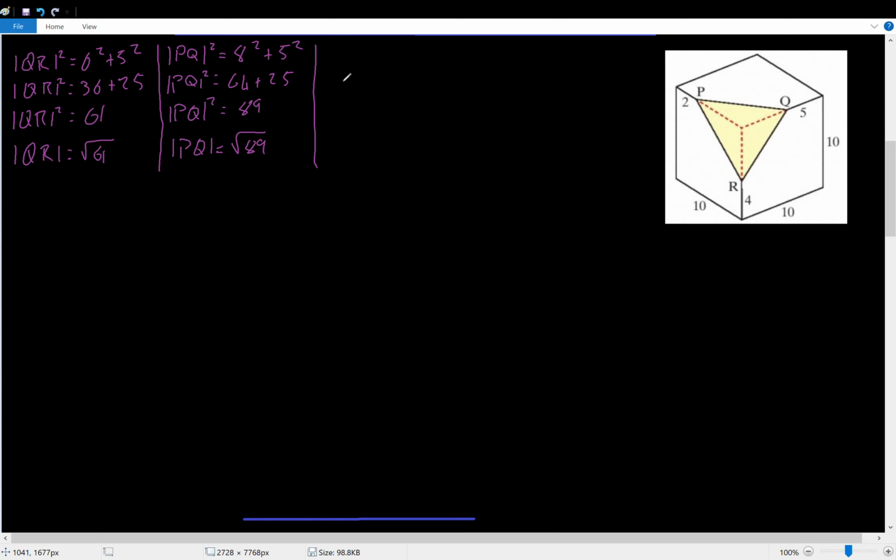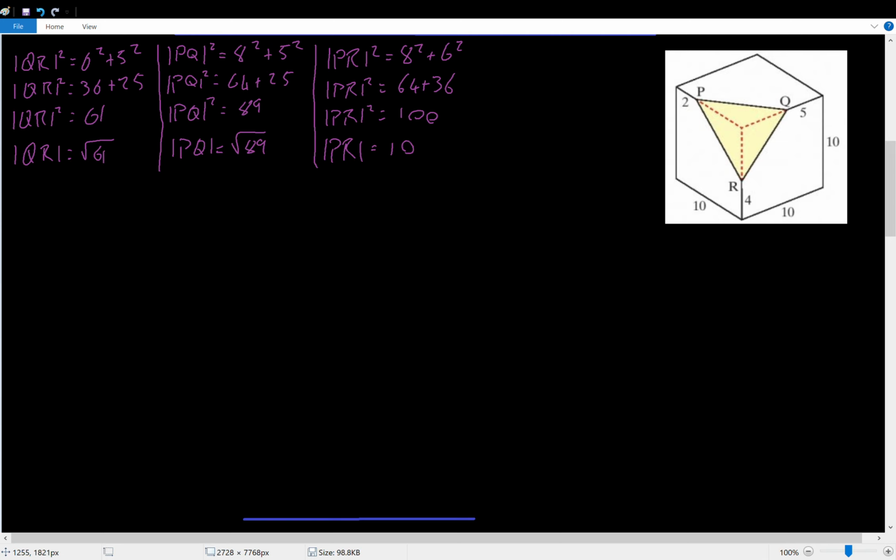And then for the very final one, for the length of PR, PR squared is equal to 8 squared plus 6 squared. So PR squared equals 64 plus 36. PR squared is equal to 100. So PR is equal to 10.